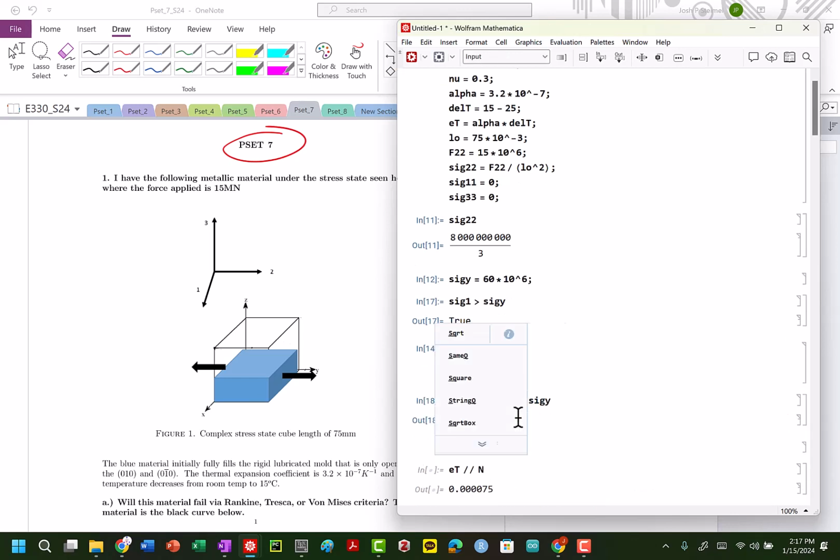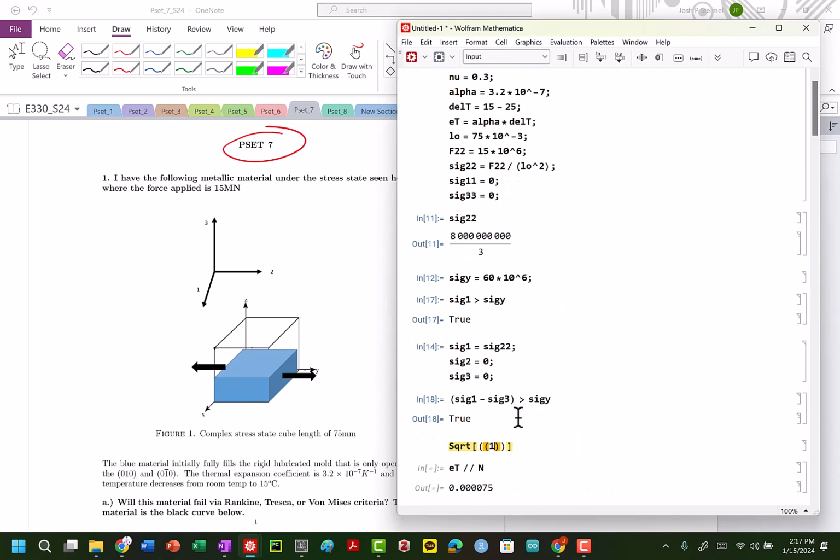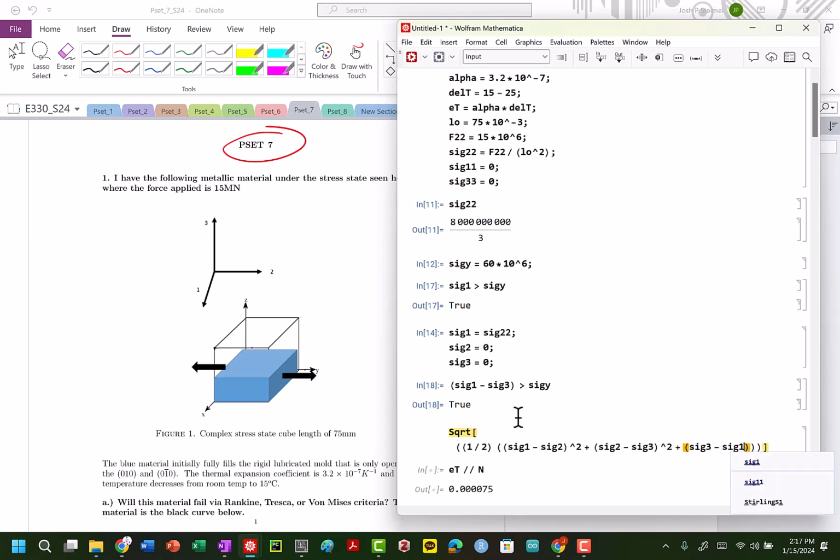True. And then finally, square root of 1/2 times sig 1 minus sig 2 squared plus sig 2 minus sig 3 squared plus sig 3 minus sig 1 squared.